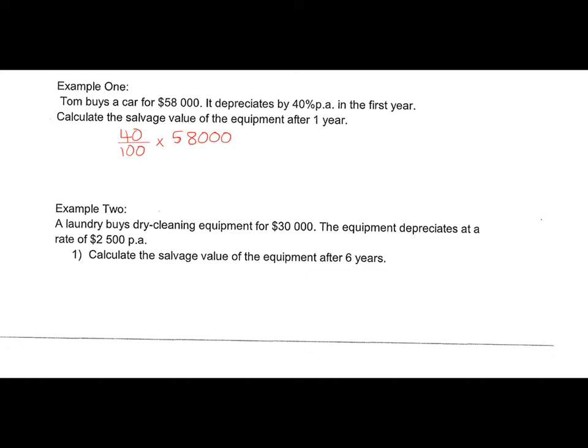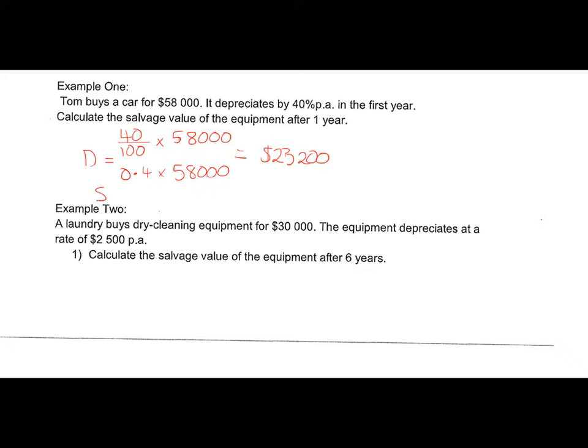Depending on what you've done with the formatives, you instead may use 0.4 times 58,000. Either way, both times you are going to get $23,200. So that is what our depreciation is equal to.